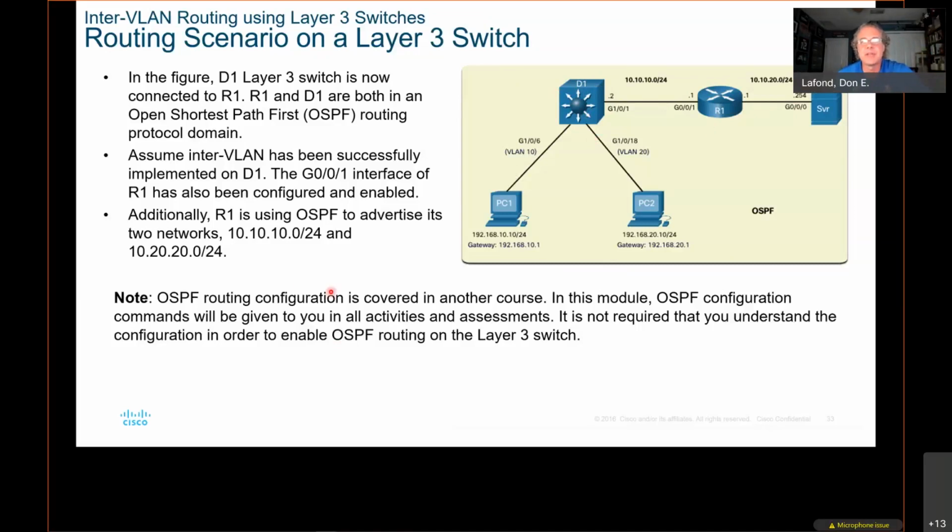OSPF routing configuration is covered in Cisco 3. In this module, OSPF configuration commands are given to you in all the activities and assessments. It is not required that you actually understand the configuration more than what I just told you when we're dealing with configuring OSPF on a layer 3 switch.